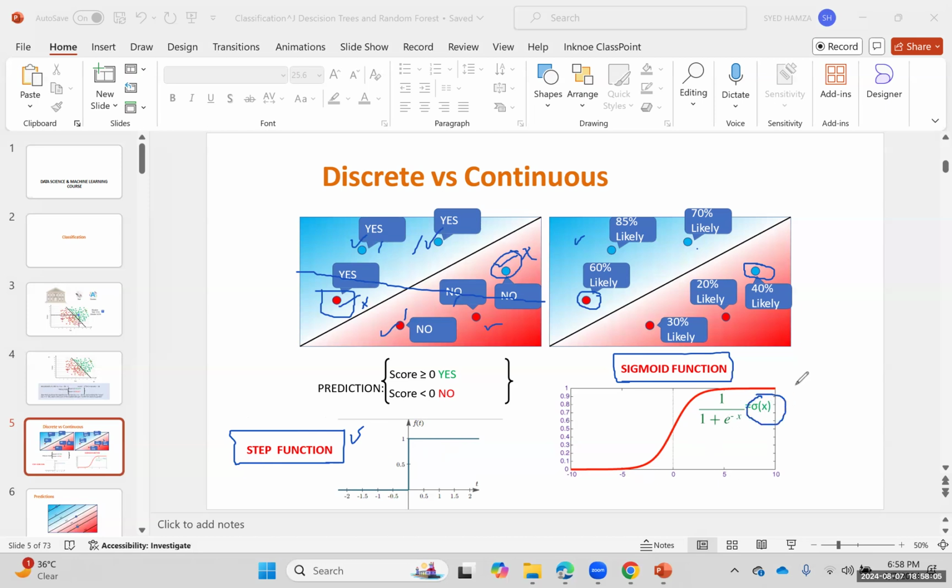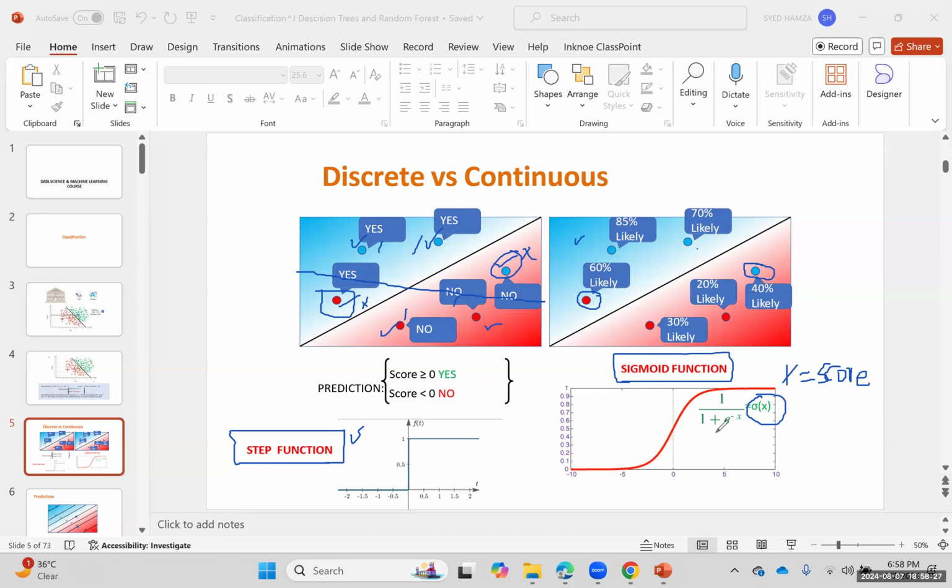The x here is the score that you calculated in the previous steps. So that is the sigmoid. You already know that the score you calculated previously for a question was, what was it, like 2 or something?